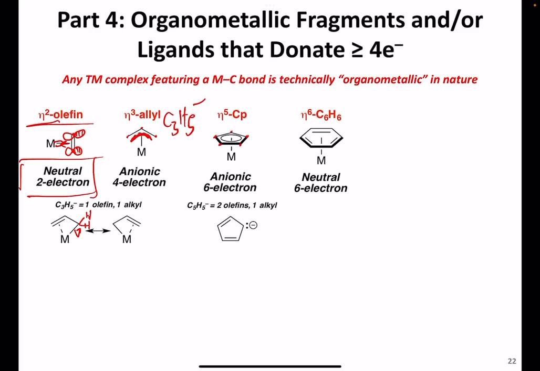So if I gave the electrons back to that position, notice I would get this. That is an anionic 2-electron donor. So allyls are counted as anionic 4-electron donors. 2 electrons due to the anionic carbon at this position, and then 2 electrons that are neutral due to the bound olefin.